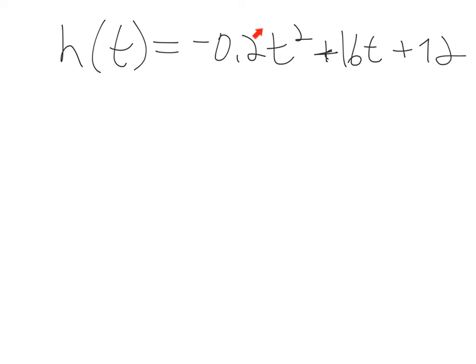So the first term is 2 times negative 0.2 times t to the 2 minus 1 power. Second term, there's a 1 up here, invisible. 1 comes down front, times 16 t to the 1 minus 1. No t here, so that means it's like t to the 0 comes down front. 0 times 12 is 0. The derivative of a constant is 0, so that's going to go away. Bye-bye.